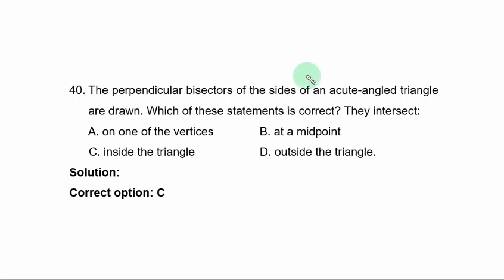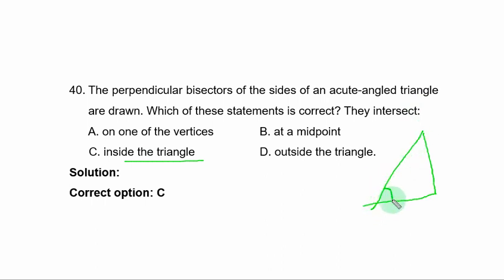Question 40. The perpendicular bisectors of the sides of an acute angled triangle are drawn. Which of these statements is correct? They intersect inside the triangle. This is acute triangle, so something like this.